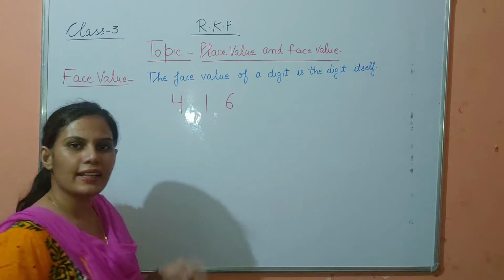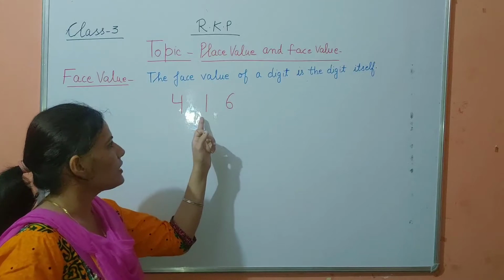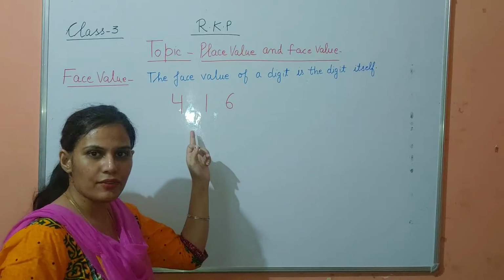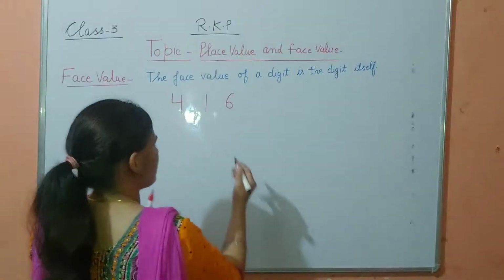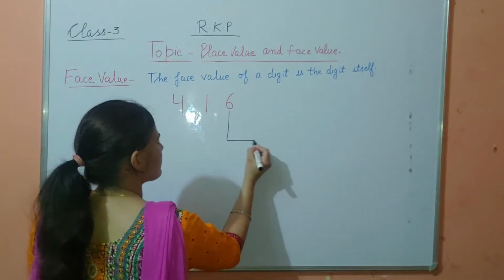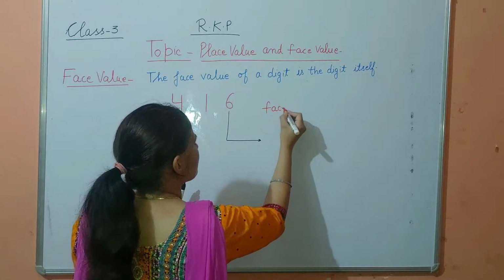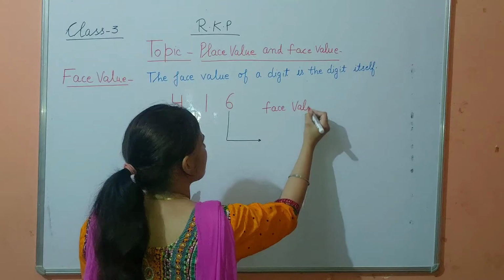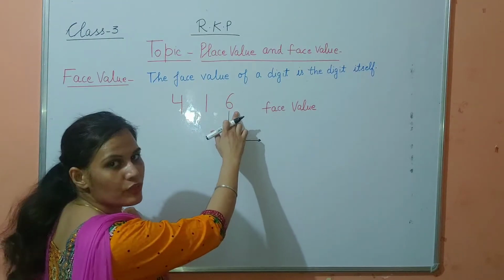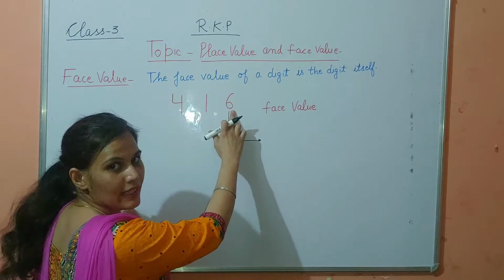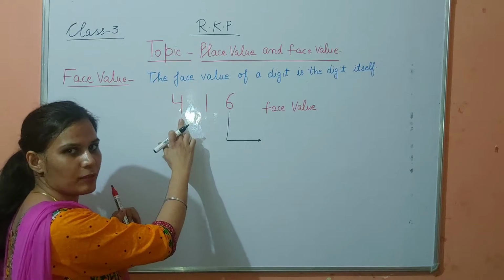416. If I take this example and I want to know the face value of each and every digit, then what will be the face value? What will be the face value of 6? That is at 1's place, that is at 10's place and that is at 100th place.